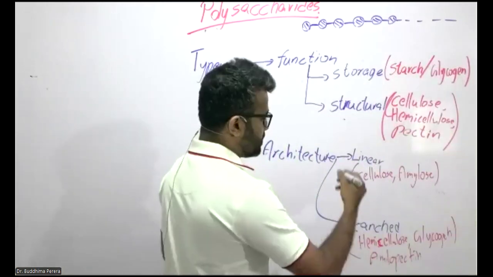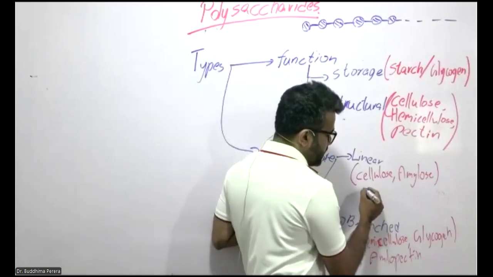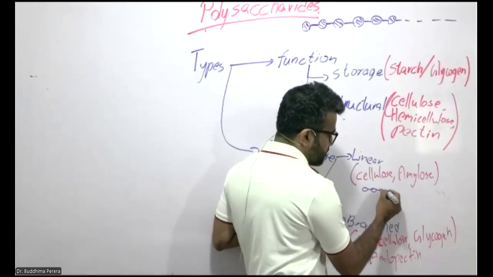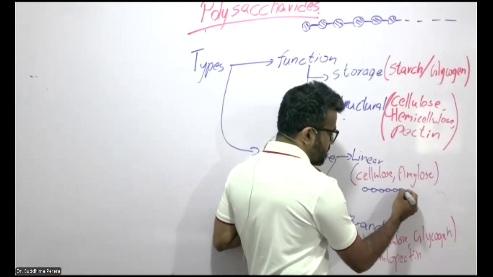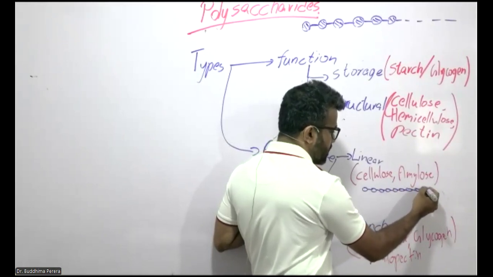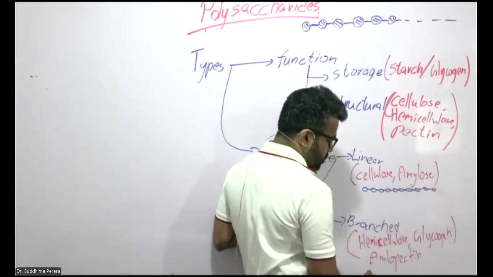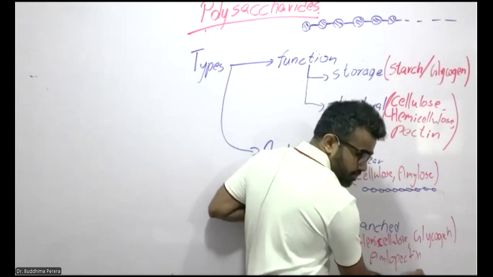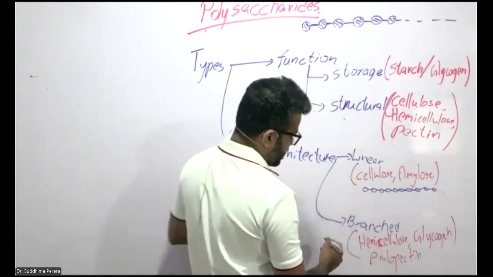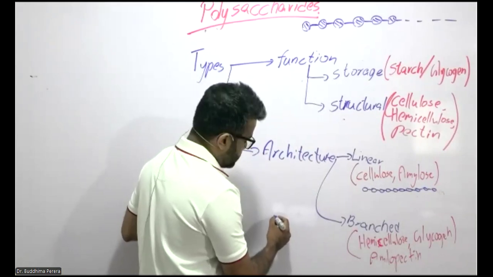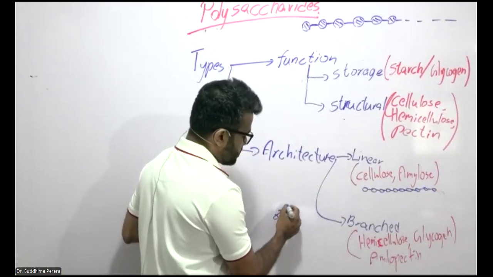Here, what is the meaning of linear? Linear means they are like this. Polysaccharides are like this, just linear, no branches. In glycogen, it's like this, it's branched.